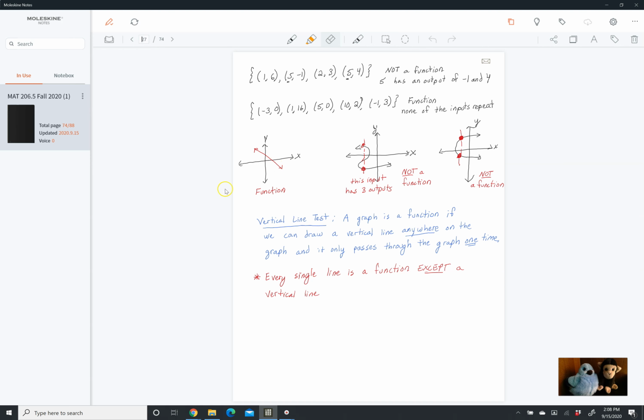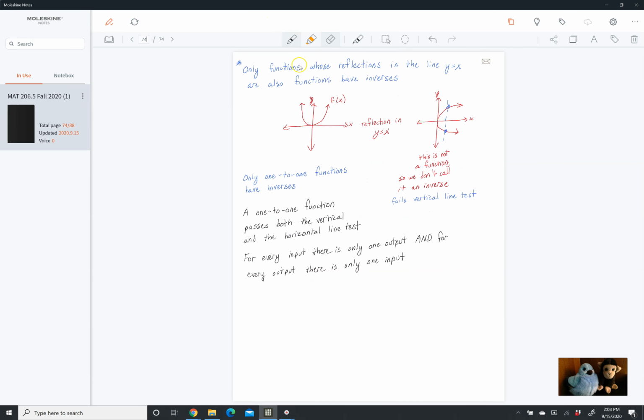It is also one-to-one. It would pass the horizontal line test. These two are not functions, so we don't even bother looking at them, okay? So here, this is a function, but it doesn't pass the horizontal line test. So it's not one-to-one.